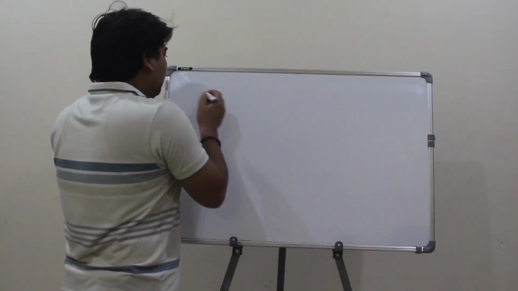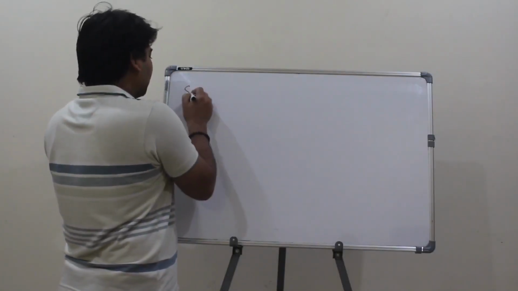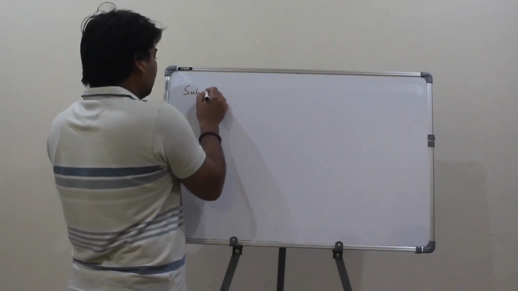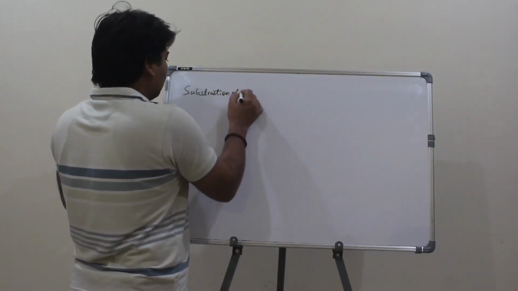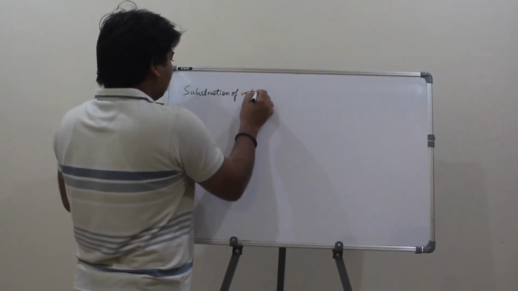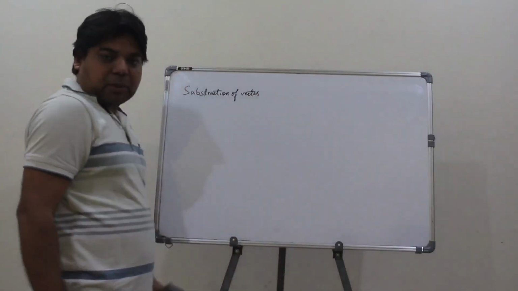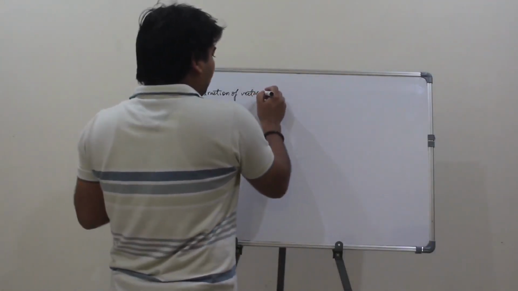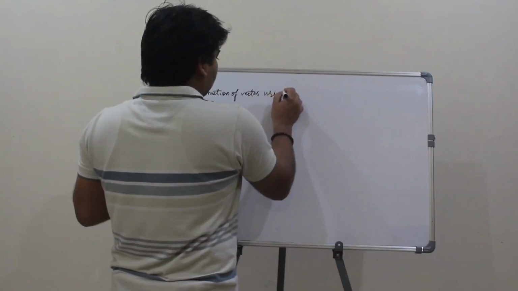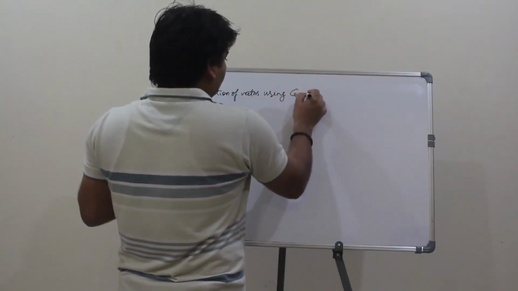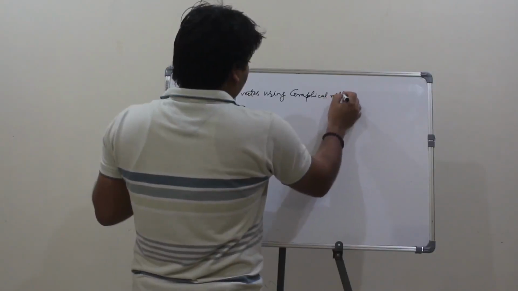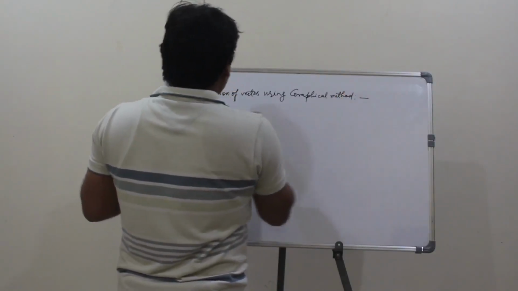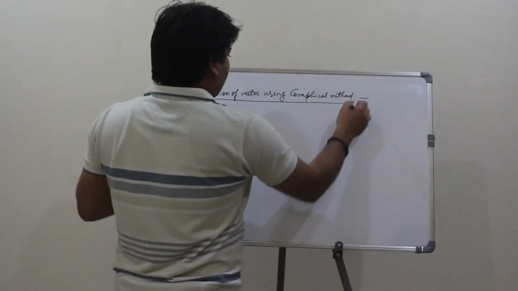Now let us discuss the subtraction of vectors using the graphical method. Right? So how will we do that?